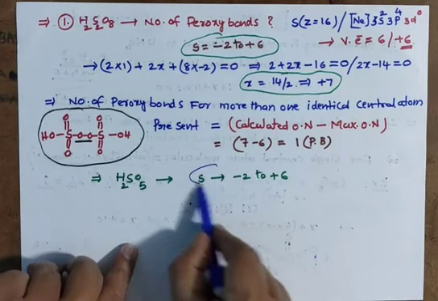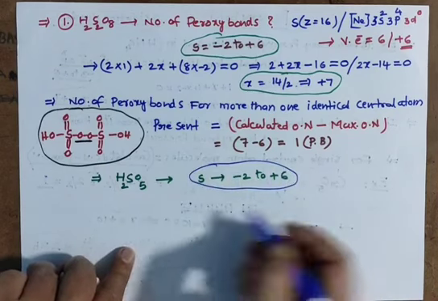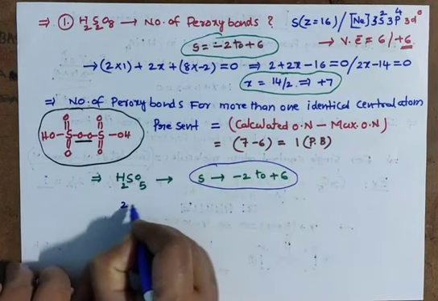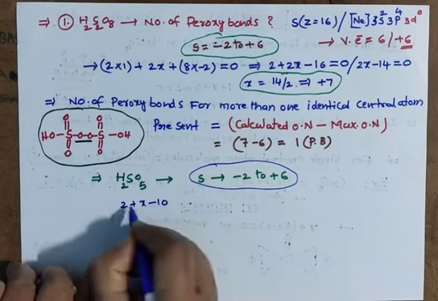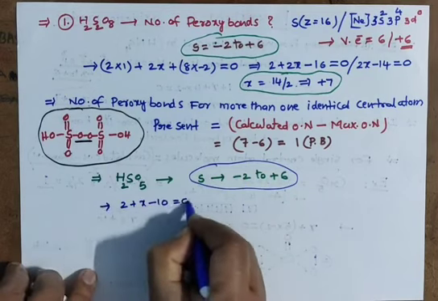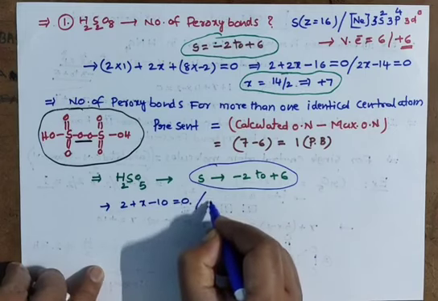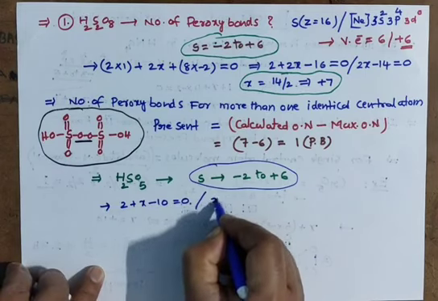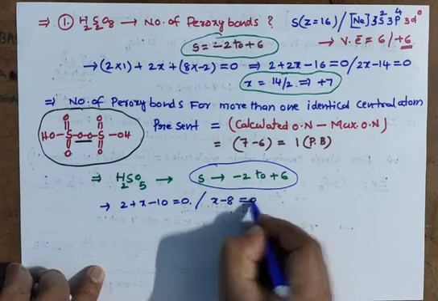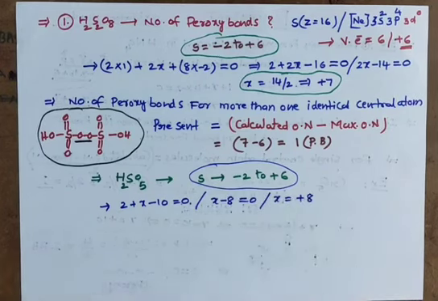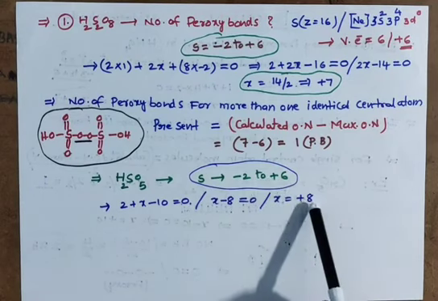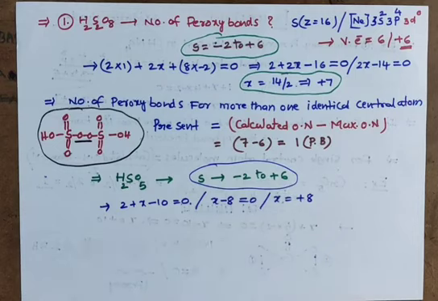This is the range of sulfur. 2 plus x minus 10 equal to 0. That implies x minus 8 equal to 0, that implies x equal to +8. So the actual maximum oxidation number is +6, but we got +8. So a peroxy bond is present.